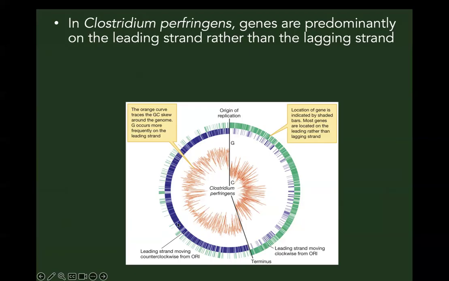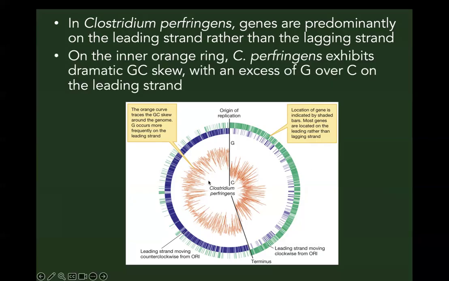And we can see the bars are the places where the coding DNA is. So you can see on the inner orange ring, this is just showing the relative proportion of GC skew with an excess of G over C on the leading strand.